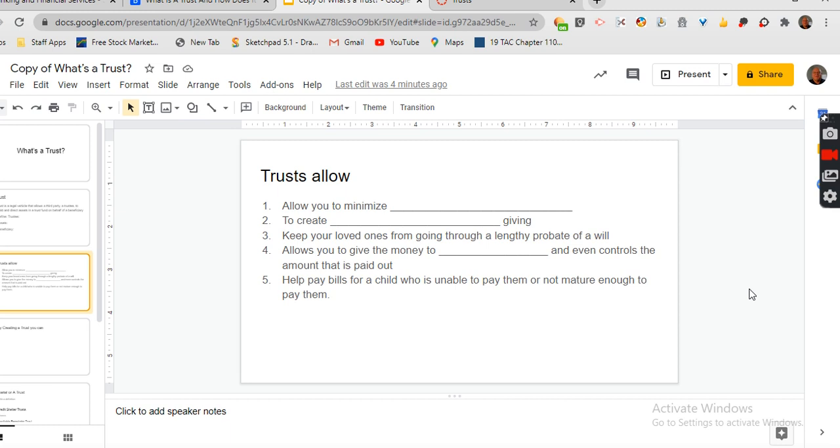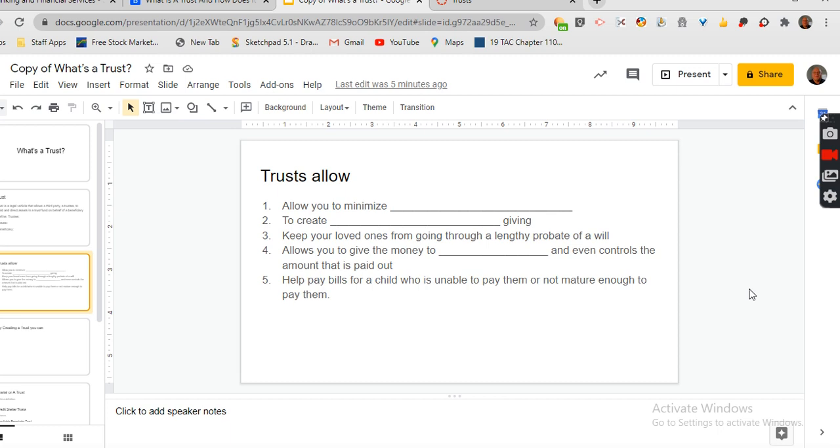The trust allows you to create a legacy. Now, the word legacy here means a legacy of giving. It means that once you're gone, your trust, what you set up, is still giving money away. It is still helping those people you wanted to help.